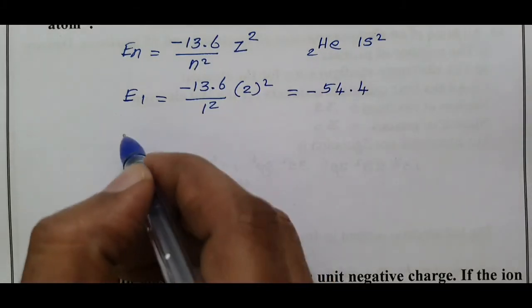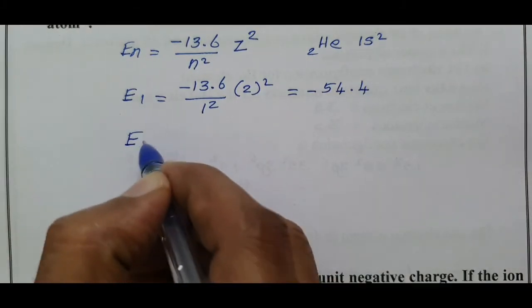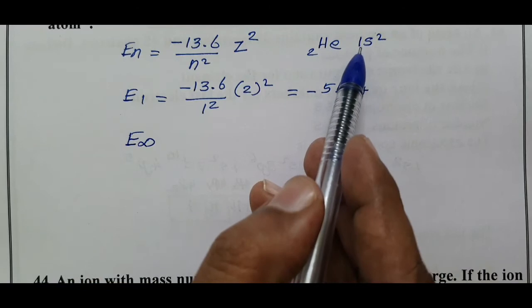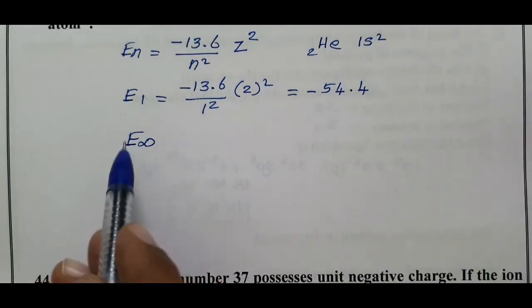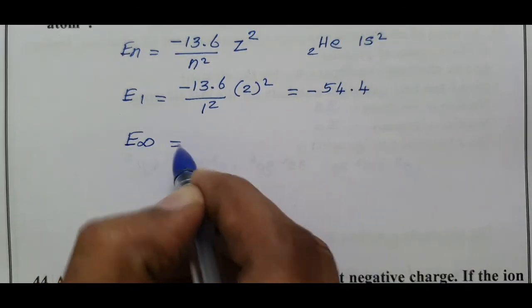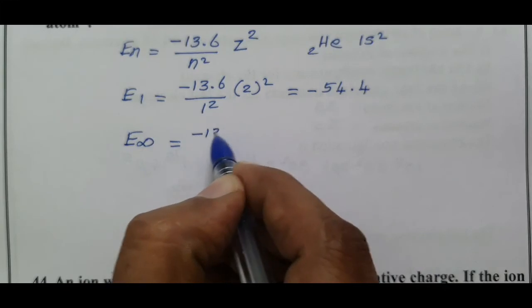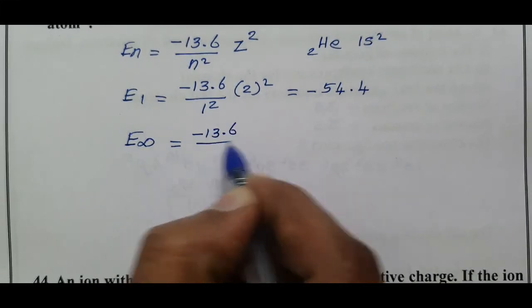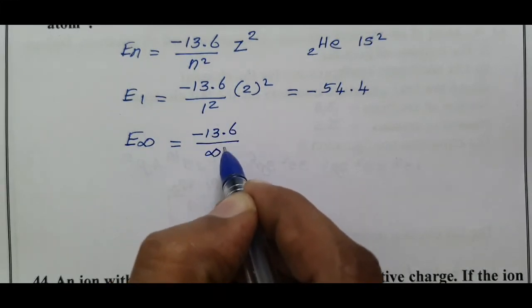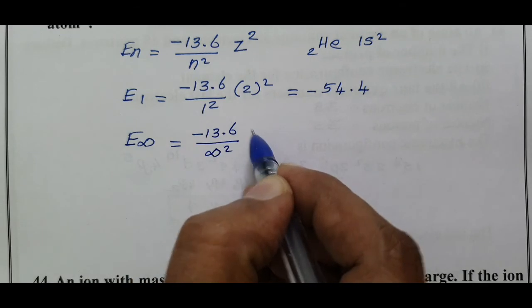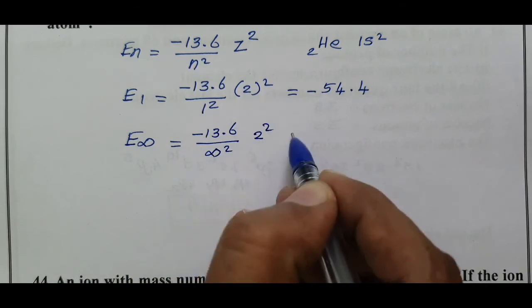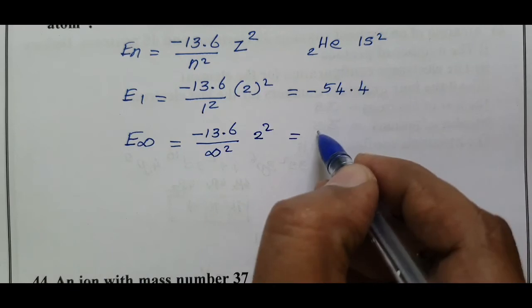Ionization energy: the electron is removed from the first orbit to infinite distance. Therefore, E infinity equal to minus 13.6 divided by infinity squared into atomic number 2 squared, equal to anything by infinity equal to 0.